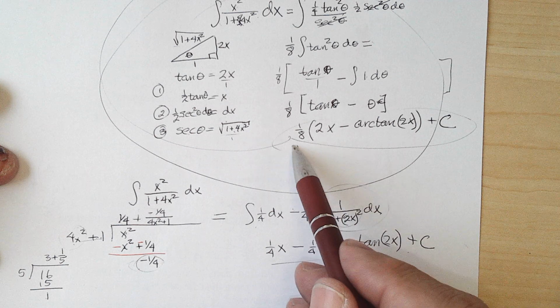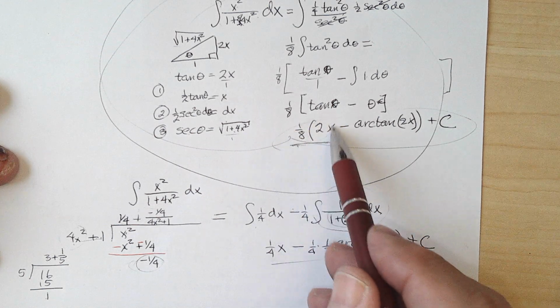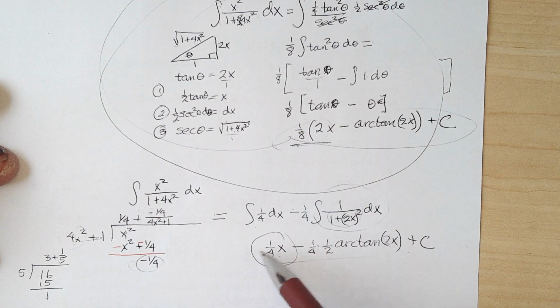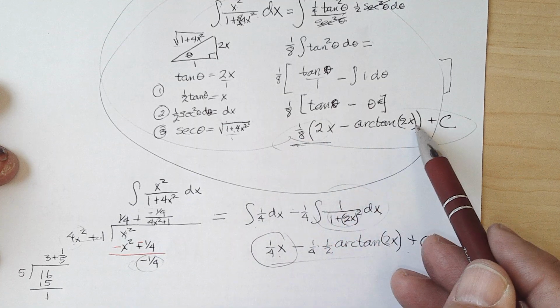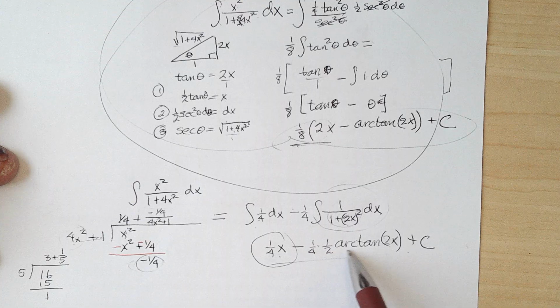which if you look here, we got 1/4 x, and we got 1/8 times arctangent 2x. We have 1/8 times arctangent 2x plus c.